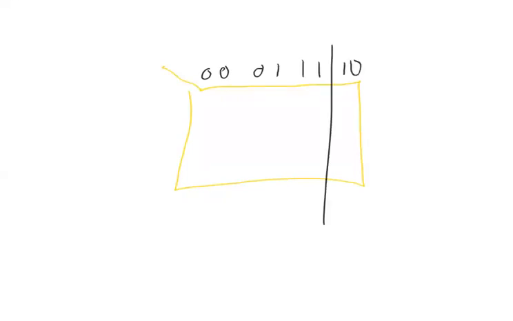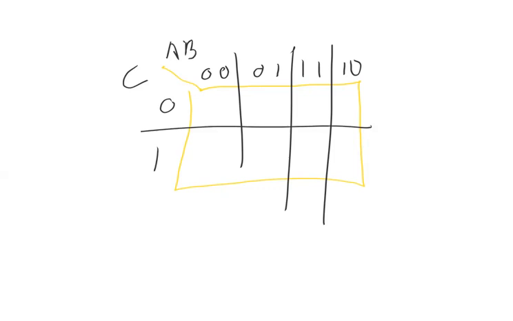So this is a 3-variable KMAP, number 7, and it's multiple choice. You have to choose only one answer. I believe it's A, B, C. Yes, A, B, C. And then we can number the KMAPs.